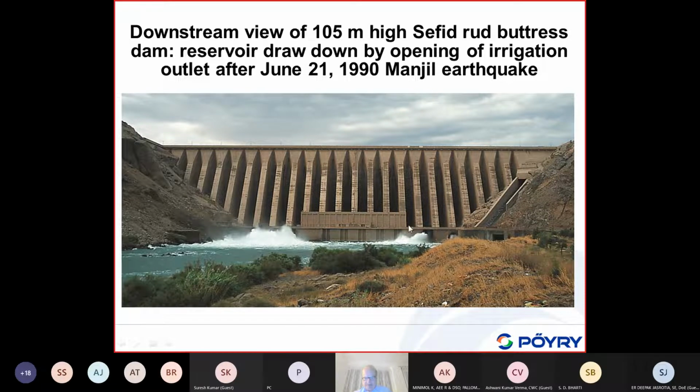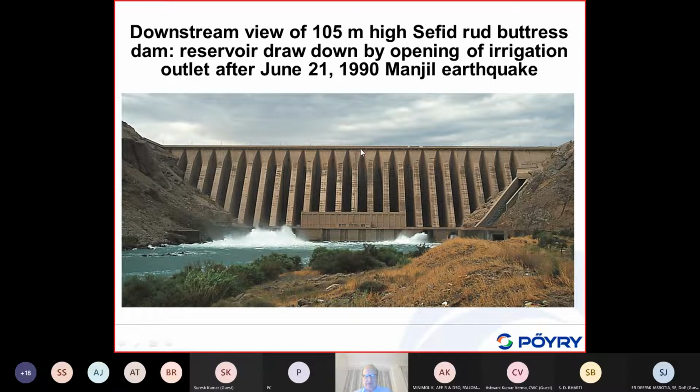But what you can see here, after the earthquake, they opened bottom outlets or low level outlets, irrigation outlets, in order to lower the reservoir, because there was some damage in the top part of the dam, which required lowering of the reservoir.